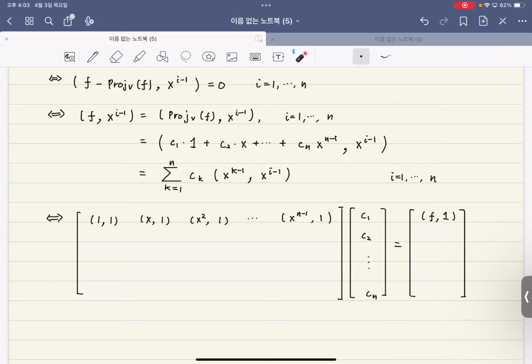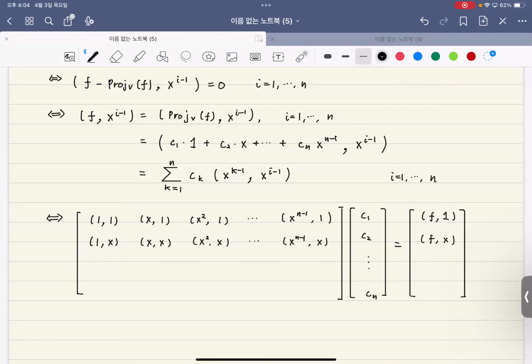Okay, now I can do the same thing for i equals 2 to n. If i is 2, then we have x with 1, x with x, x with x squared, up to x with x to the n minus 1, and the right side is the inner product of f with x.